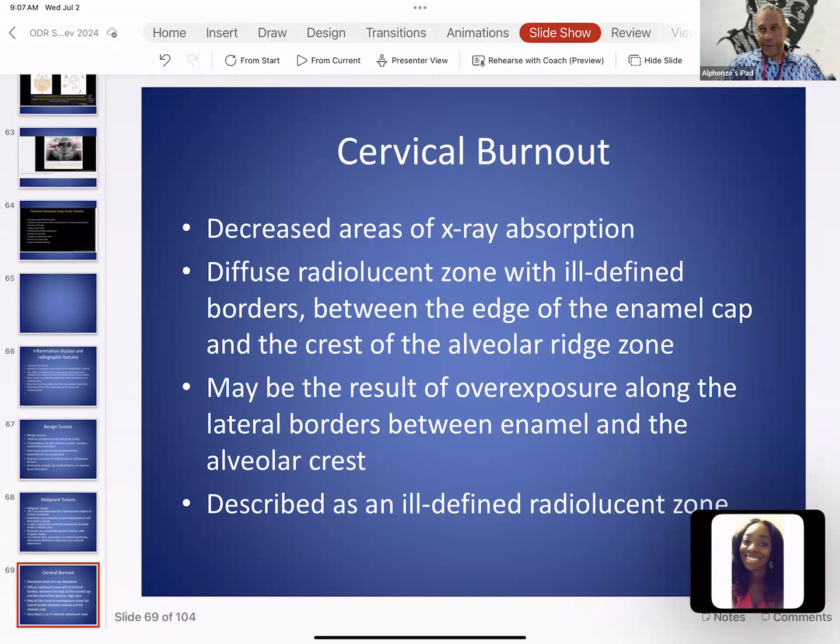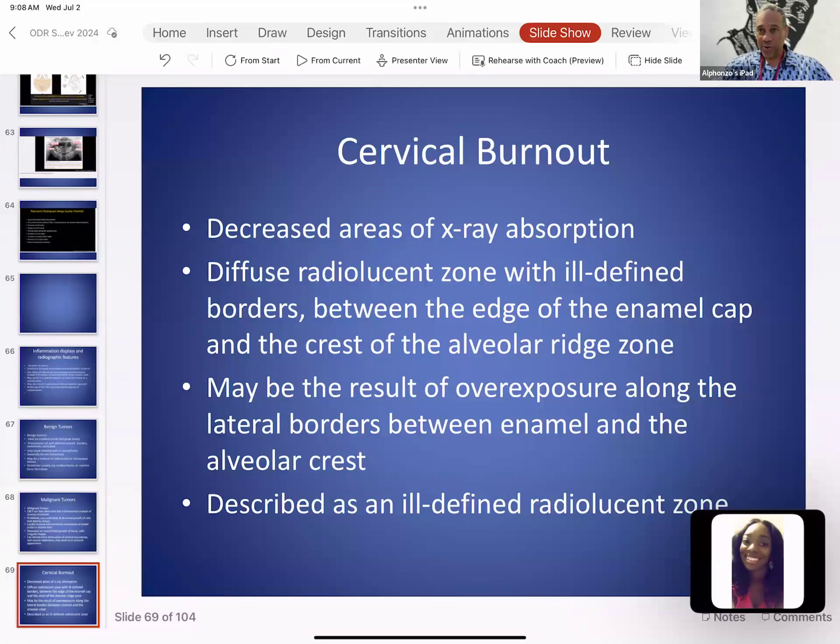Cervical burnout. These are decreased areas of radiation, X-ray absorption, actually. So the X-rays pass through these areas of the teeth, and we get a lot more darkness in those areas, and they tend to look like cavities. So we have to be wary of that.